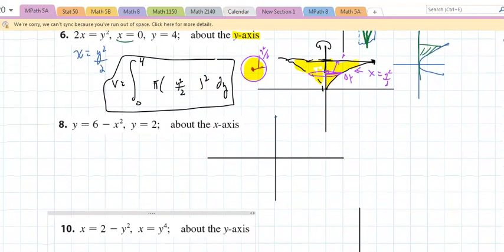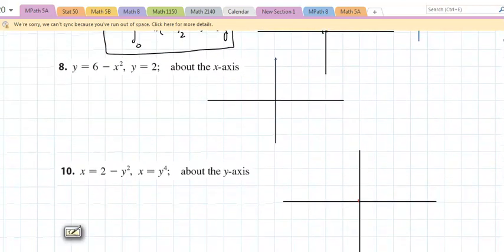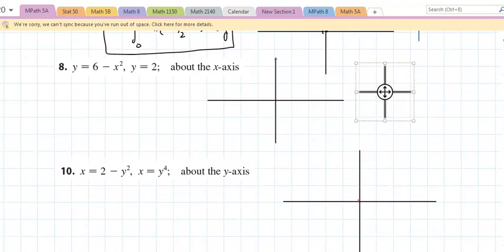The next problem, y equals 6 minus x squared. Again, it's a good idea to glance at this and figure out how that works. Upside down parabola, y equals 2. If I take y equals 6, it opens down, and it's going to hit at radical 6, which is 2 point something. But I'm going to cut that off at y equals 2.